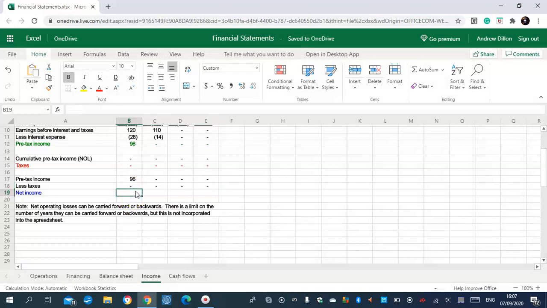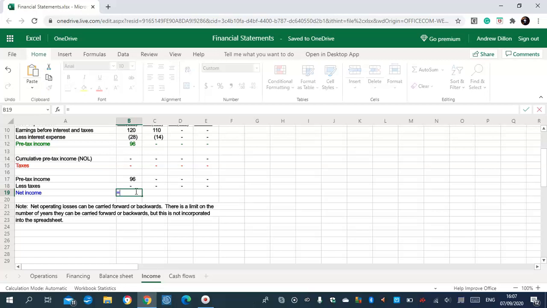And net income. Just adding the pre-tax income and the less taxes together.